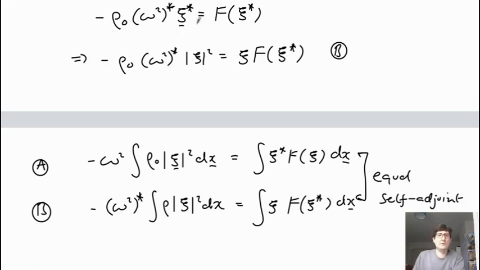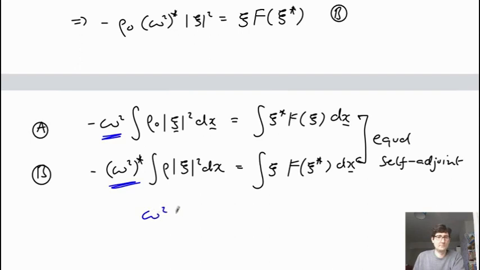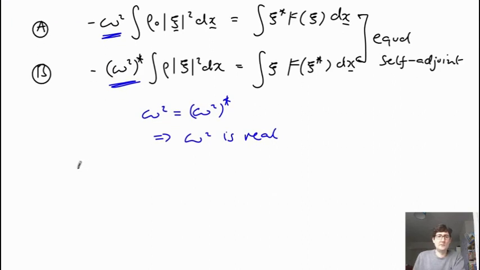And therefore, what we must have is that the omega squared here must be equal to omega squared star. And so therefore omega squared is real. And so what this means is either waves are growing or they're oscillating.